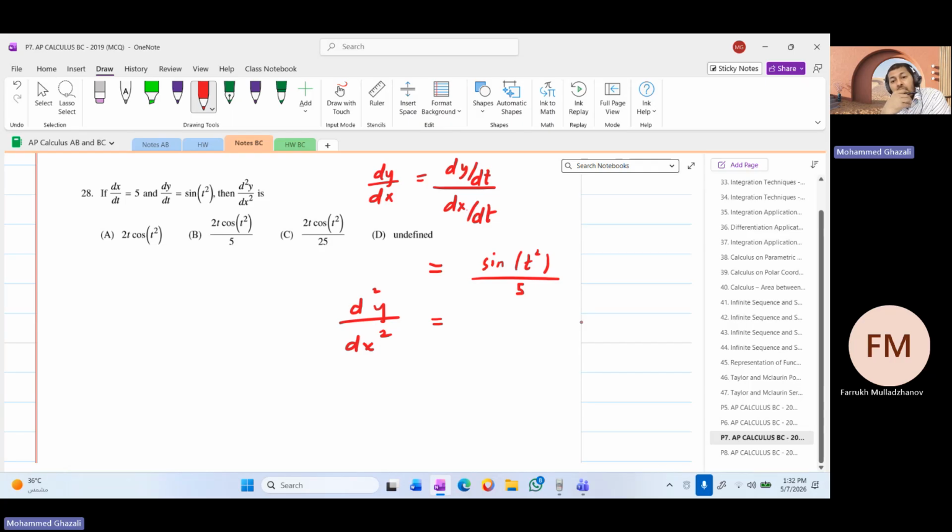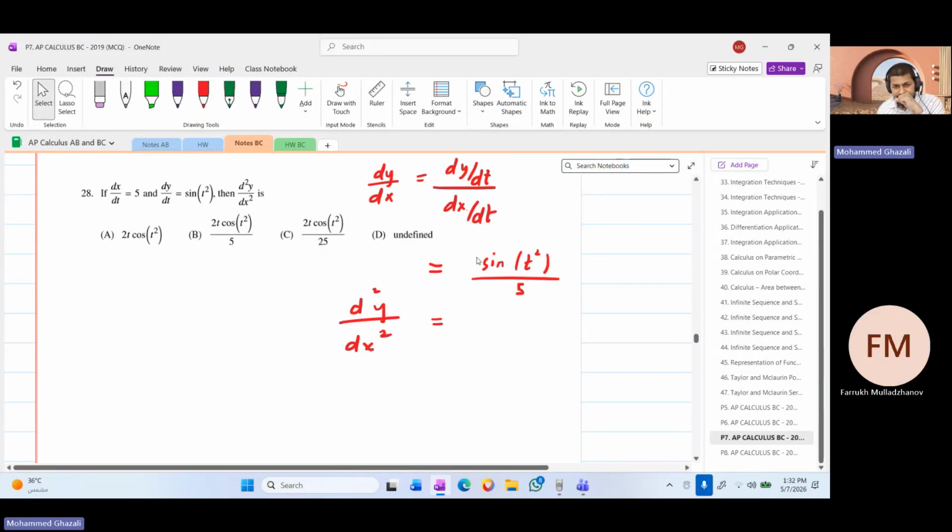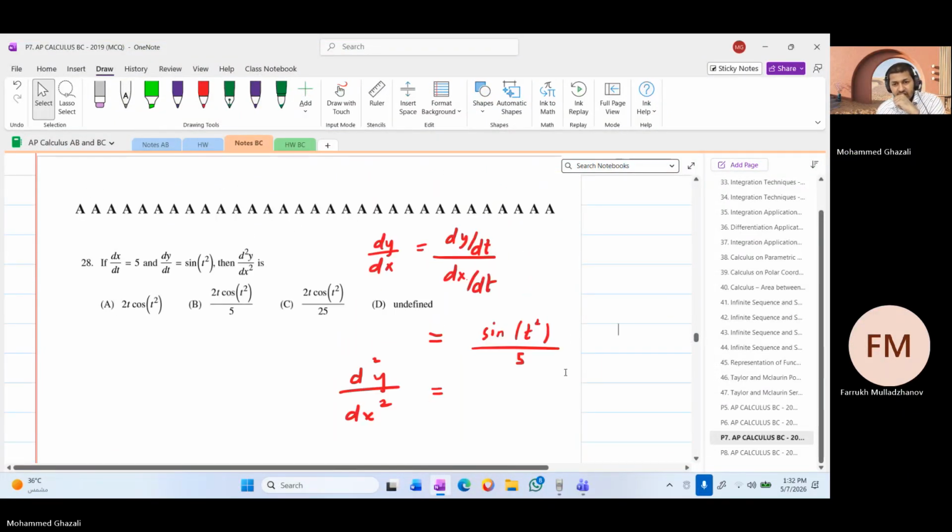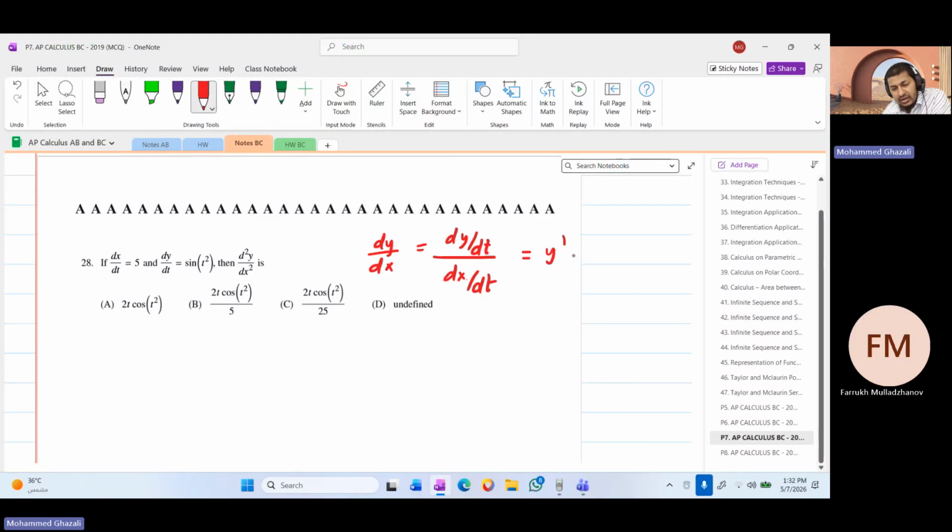Okay, we have to apply the quotient rule because they got functions in t. So let's call this y prime and let's call this x prime. Y prime is a function in t, x prime is a function in t. Are we good?